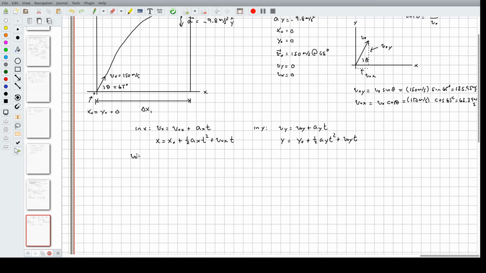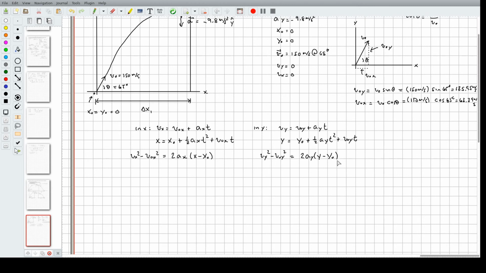This is vx squared minus v naught x squared is equal to 2 times ax times x minus x naught. And this is vy squared minus v naught y squared, and that's equal to 2 times ay times y minus y naught.